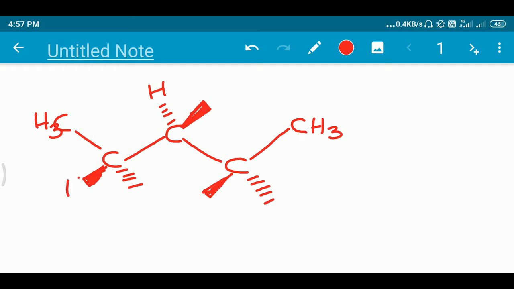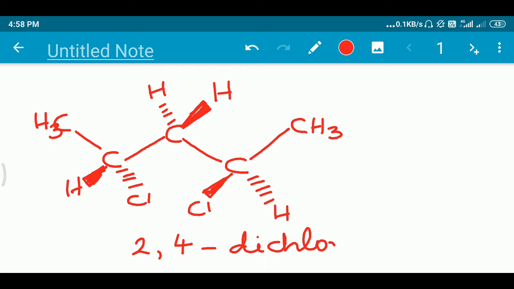So let me put my hydrogen here, my chlorine here, and my one more chlorine here, and one more hydrogen here. Okay, so this is my 2,4-dichloropentane.